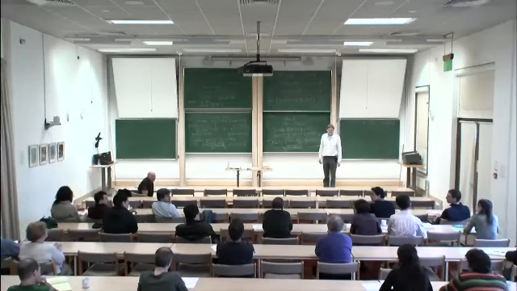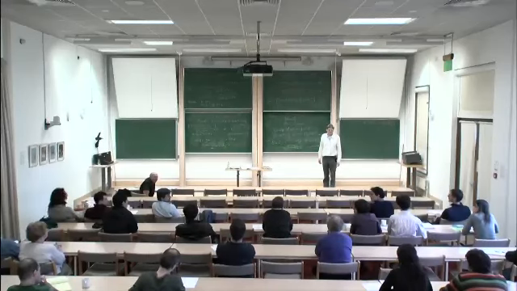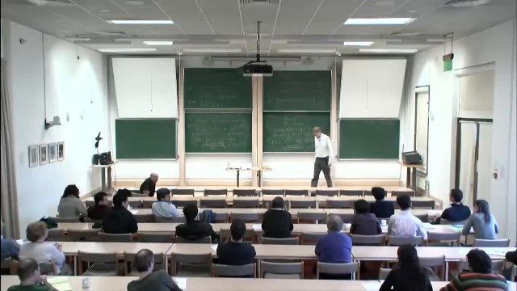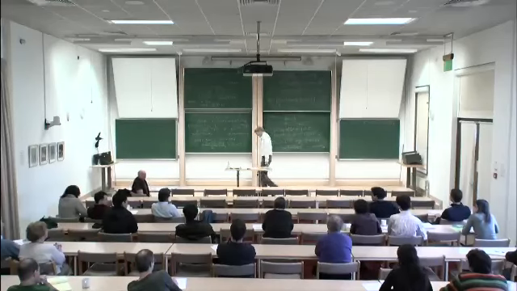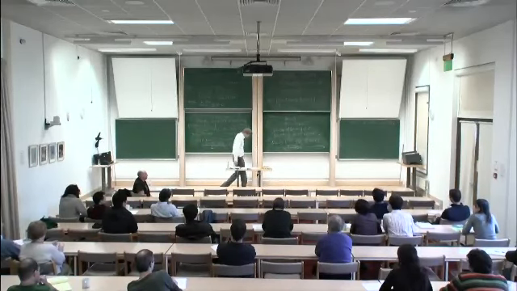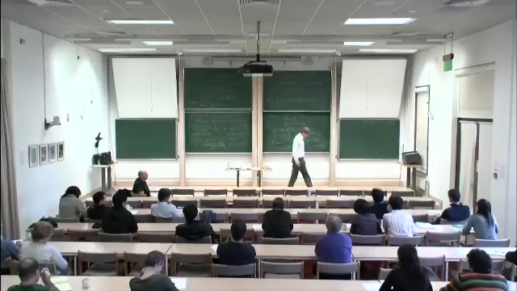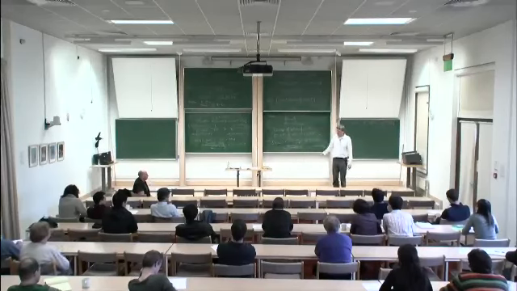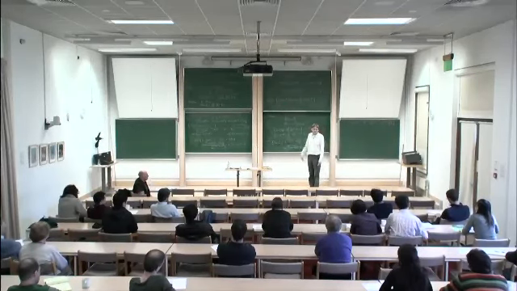Have people done similar computations for moduli spaces or stacks of vector bundles on the projective plane, K3 surfaces, whatever? No, I don't think so. What we have done, and what we'll talk about next week maybe, is for Higgs bundles on curves. You can use a similar technique.